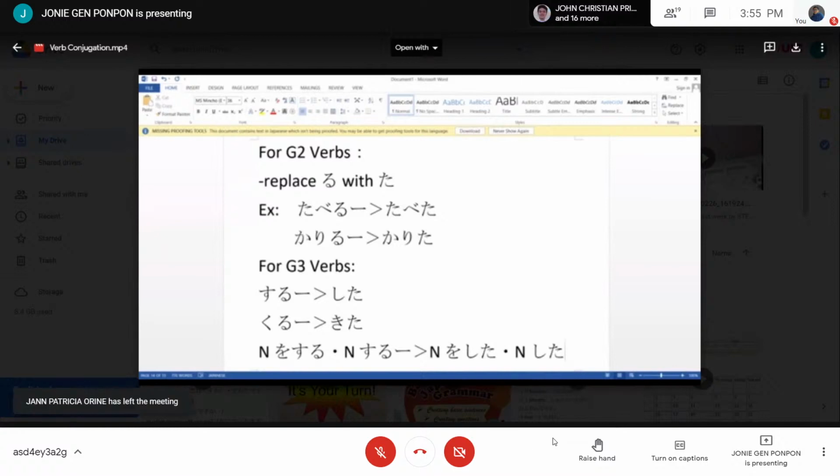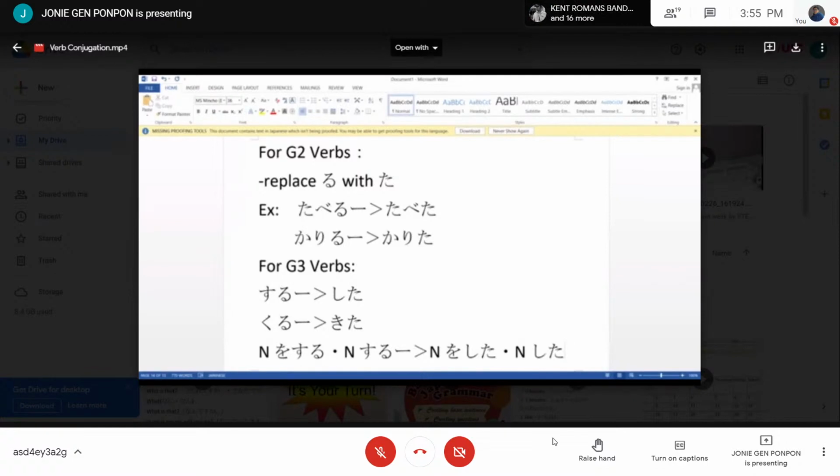So that's how you create the ta form for group 3 verbs. Okay, so it is almost the same as the te form, but just replace the te with the ta.